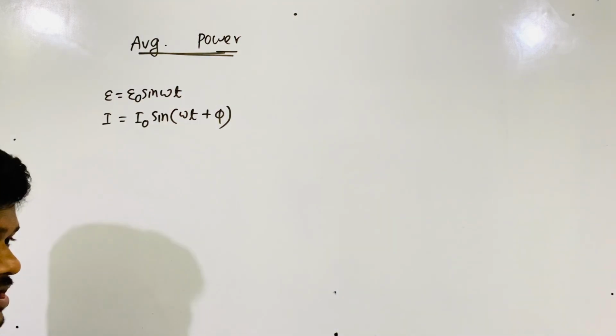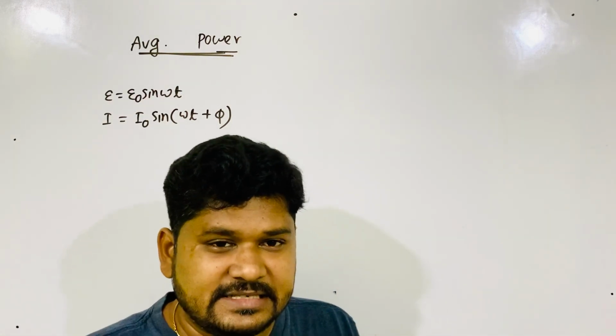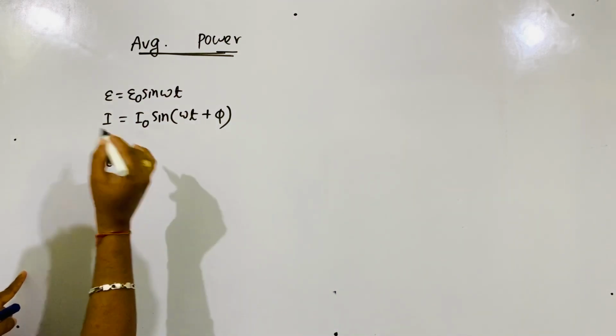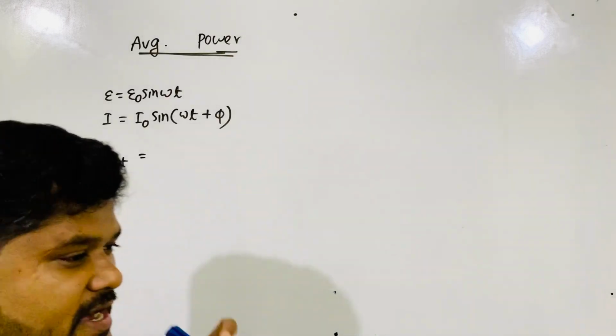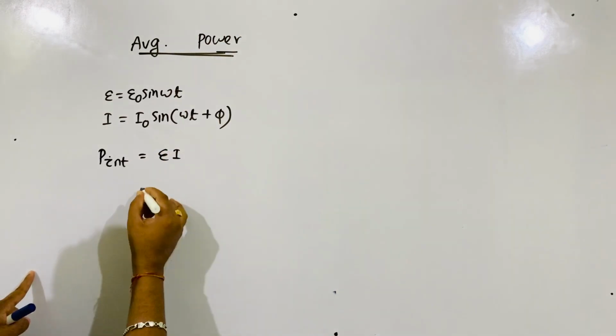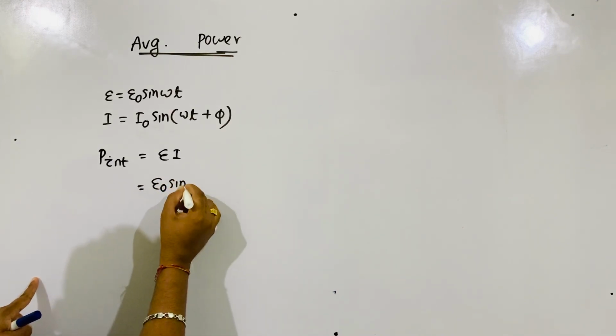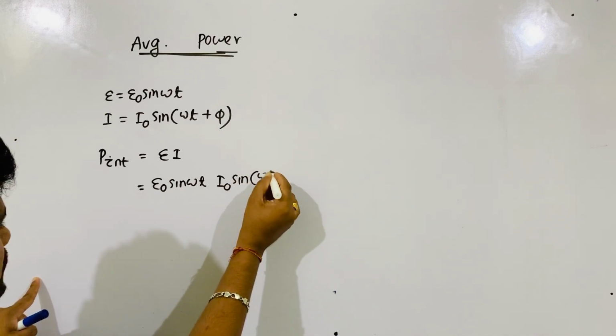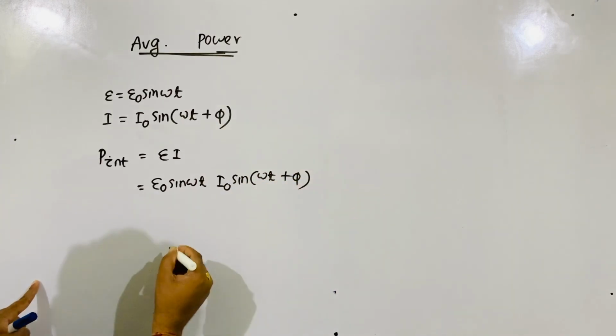This is the whole derivation. So first, instantaneous power. Instantaneous power means power at any instant. So E into I is E naught sin omega t times I naught sin(omega t plus phi).